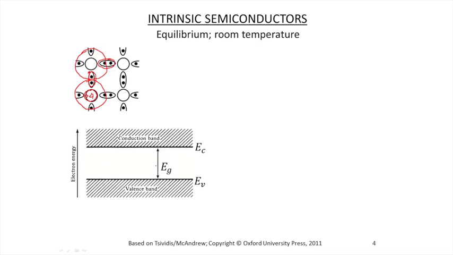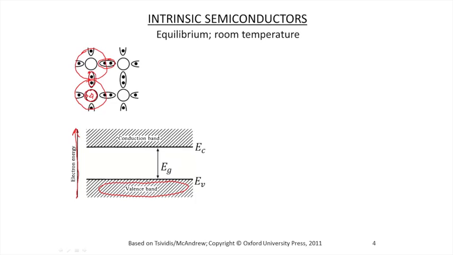Here you see the so-called energy band model of the semiconductor. The vertical dimension here is electron energy, and the horizontal dimension is distance along the semiconductor. The electrons that participate in valence bonds have energies inside this valence band. At 0 absolute temperature, things are not moving, as you know, and all of the electrons are frozen, so to speak, inside their valence bonds.